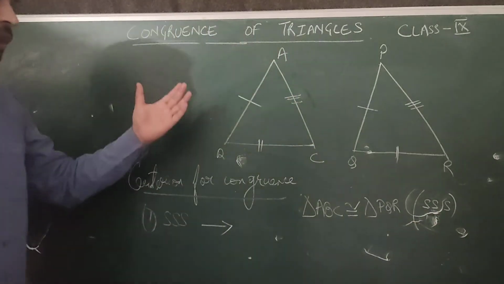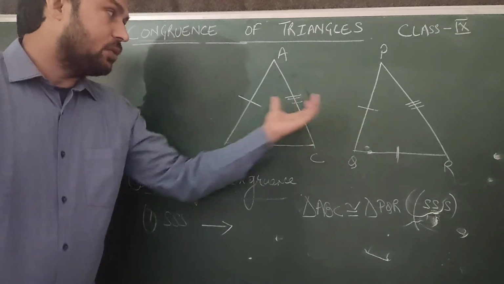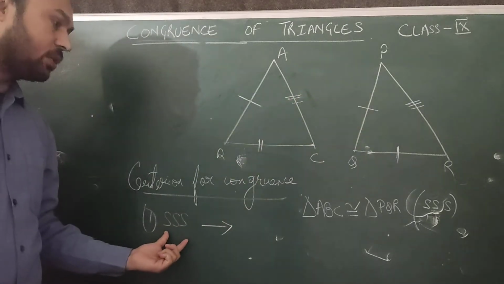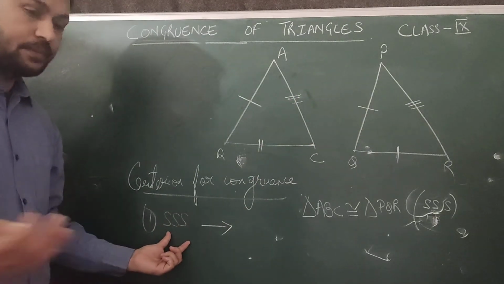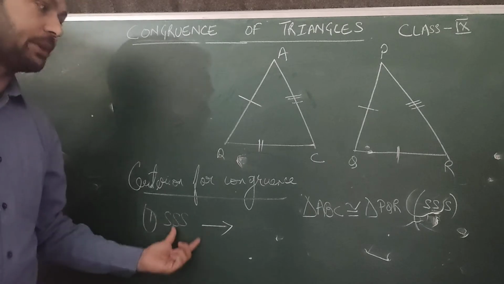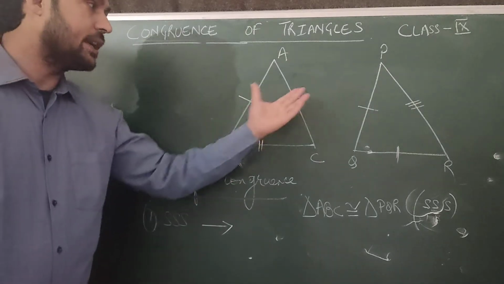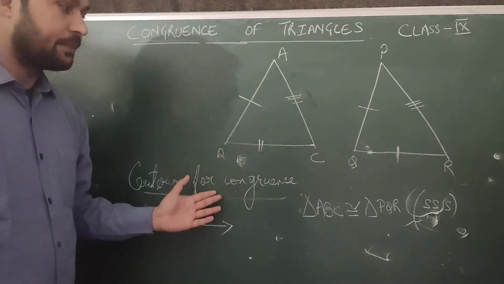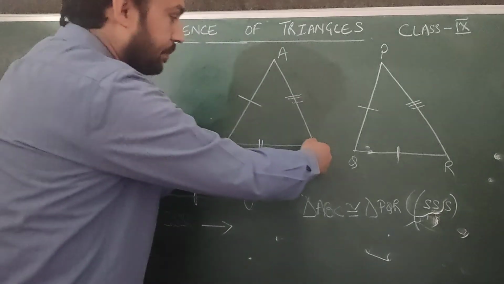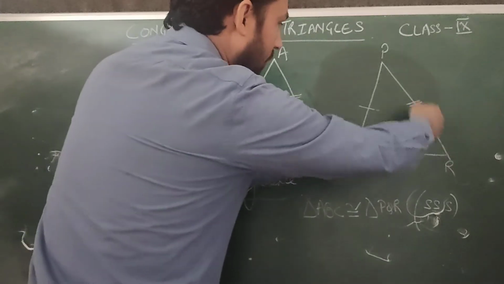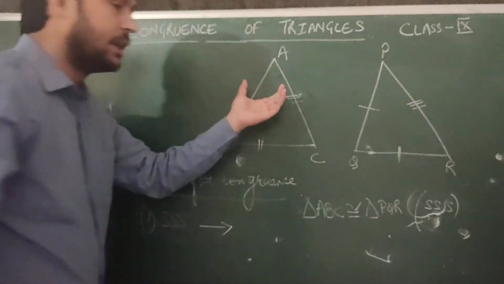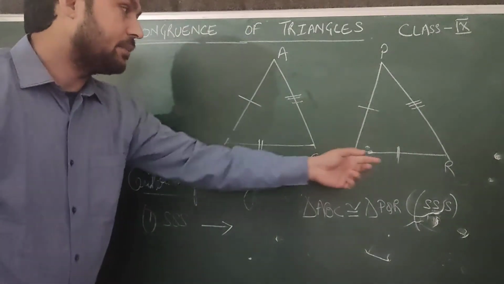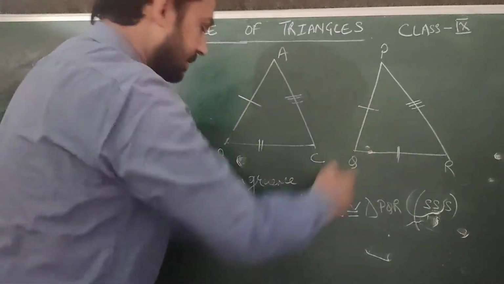That means for two triangles to be congruent, it should be congruent by SSS, or some more conditions are there which are coming. So we need to see in two triangles whether the three sides are equal or not. That is the first thing. Congruent means I can pick up this figure and put it on top of this figure and it will cover this figure. This ABC will cover that PQR, exactly same size.